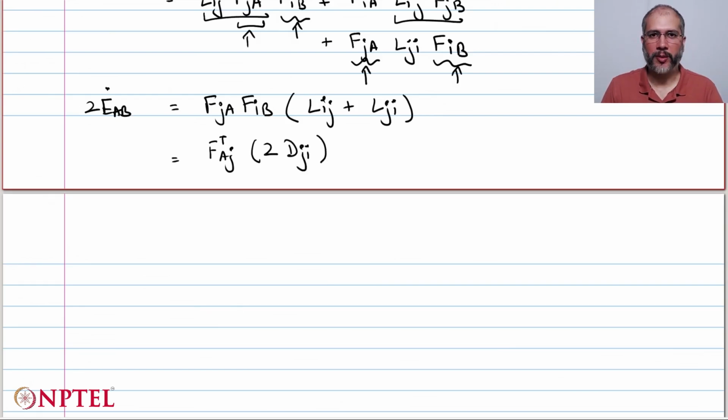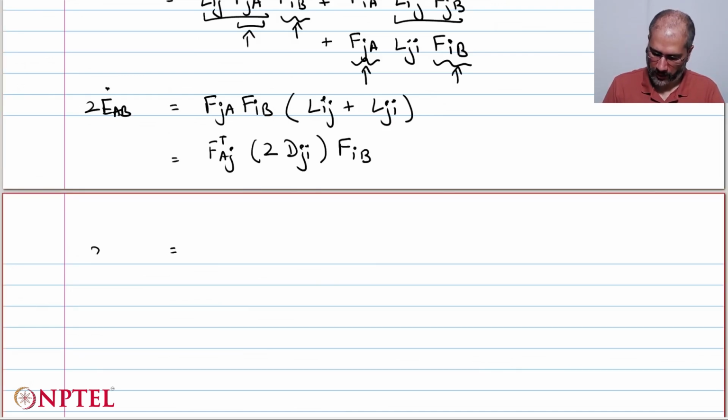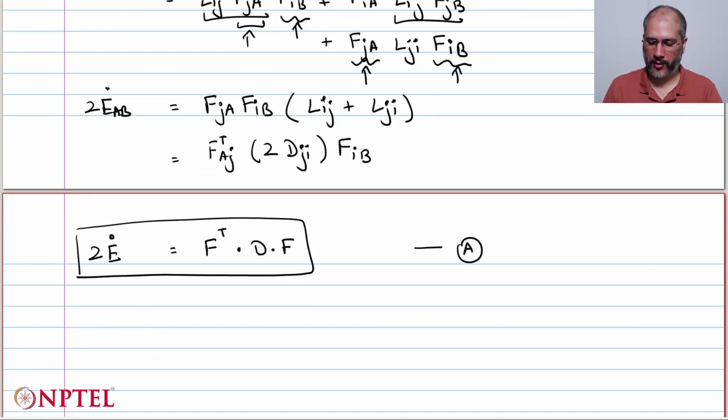Now remember, D is symmetric, so it doesn't matter if I write Dij or Dji, and then we have FiB. So in symbolic notation, twice of E dot is F transpose times D times F. And this I'll call A for today because I'll need this for further discussion.